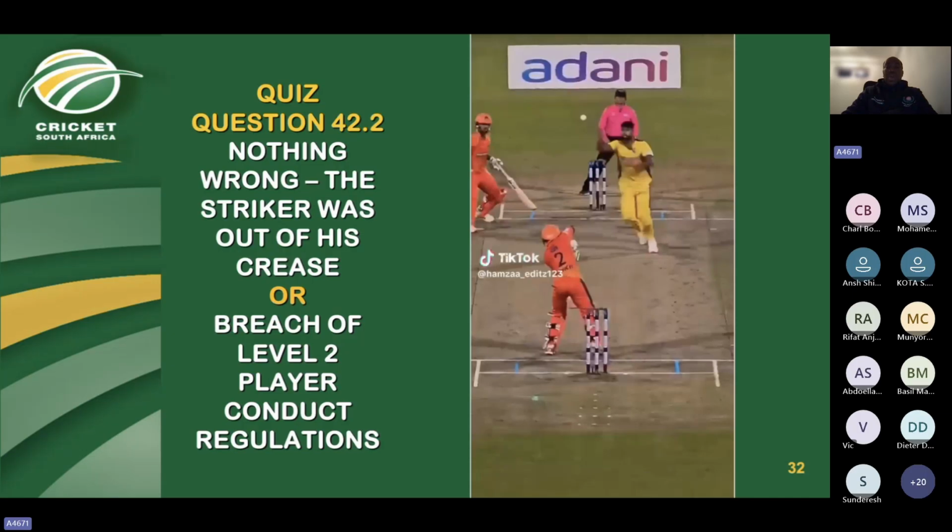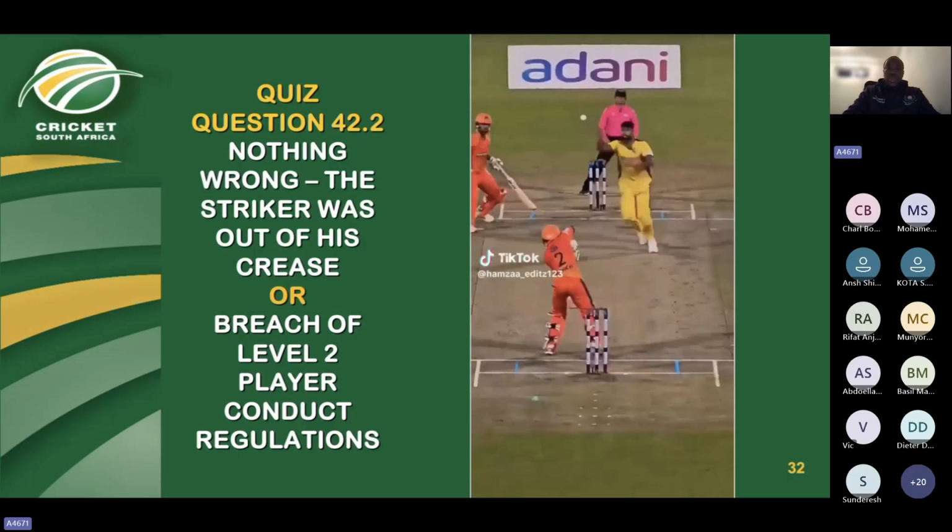So are we allowing this throw, which is supposedly an attempt at a run out? Or are we saying this is dangerous and breaches level 2 player conduct regulations? So please type into the chat box 42.2, nothing wrong, or 42.2, level 2. Okay.